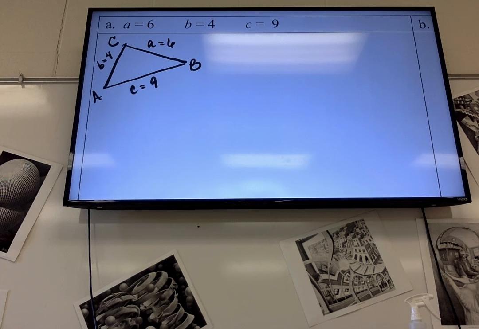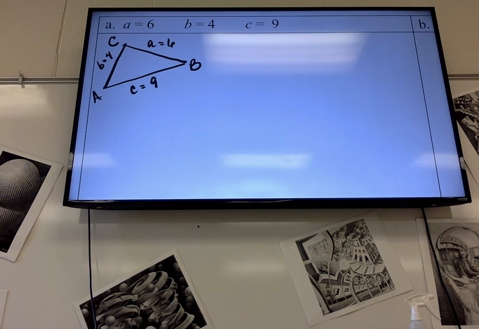Does it matter where we put that ABC? Not at all. As long as little a is across from big A, little b is across from big B, and little c is across from big C. Good question.